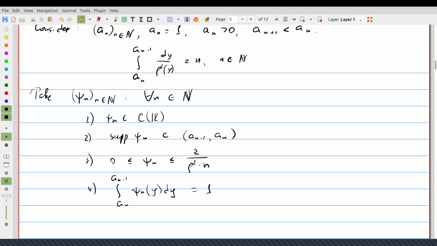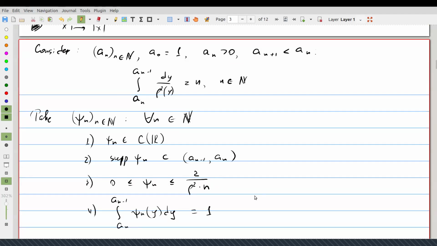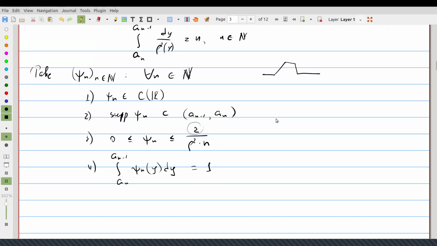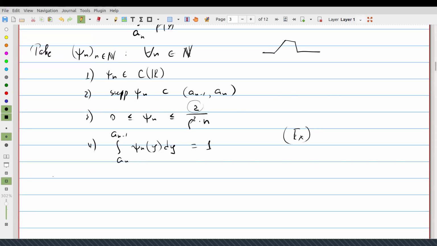It's not hard to see that such a function can be obtained. Just take some function of this form, and because you have this 2, you have a possibility to achieve this. Take this as an exercise to construct them directly by using a_n in terms of the sequence of a_n.